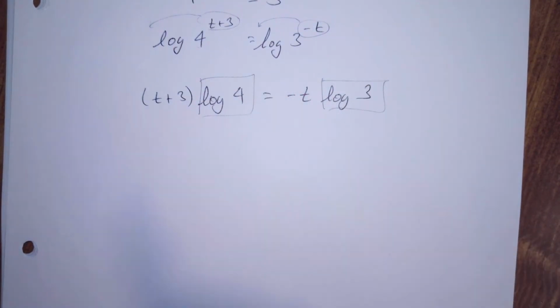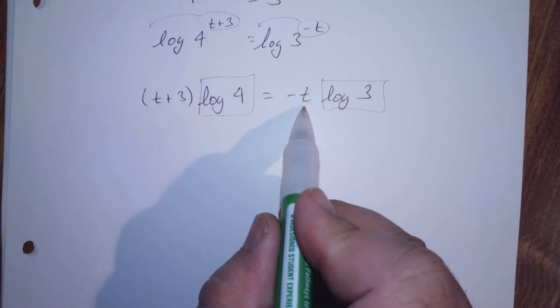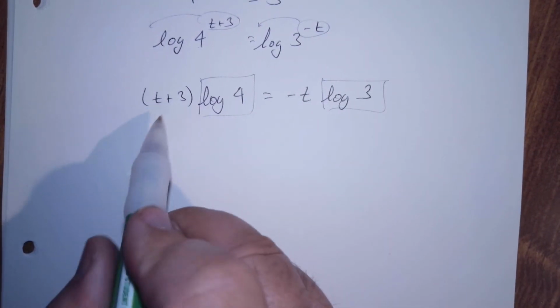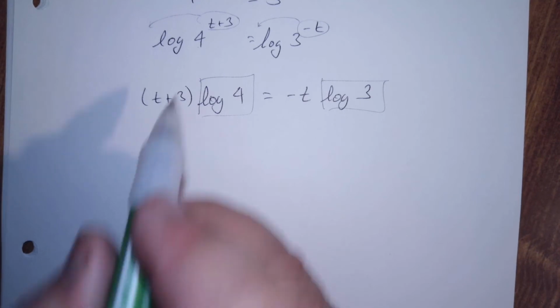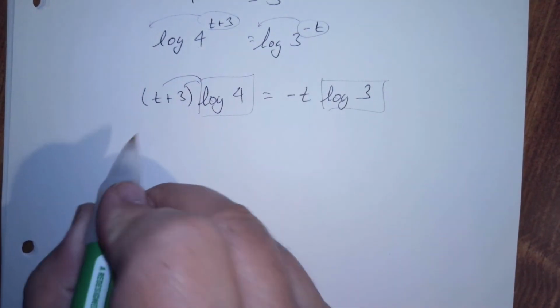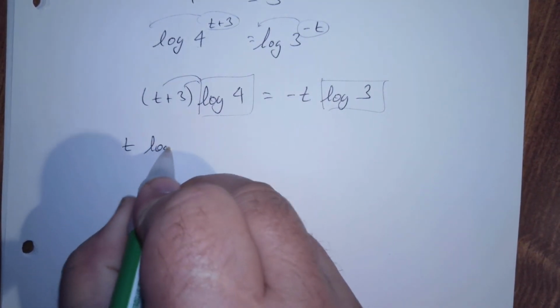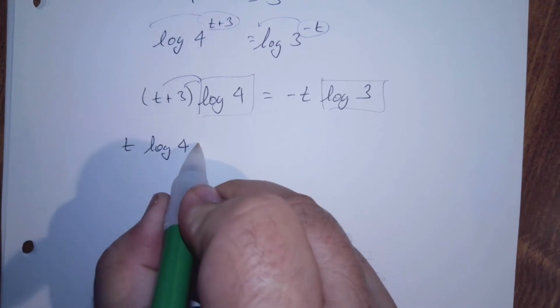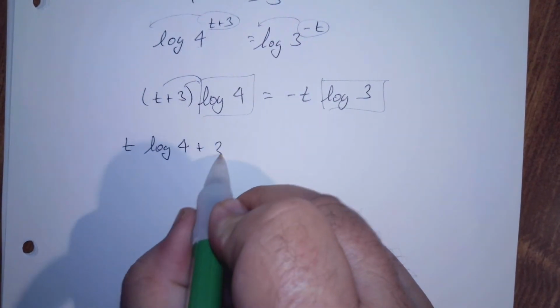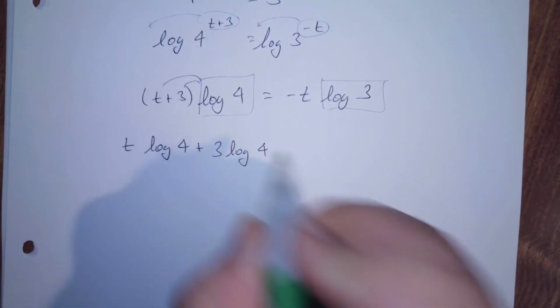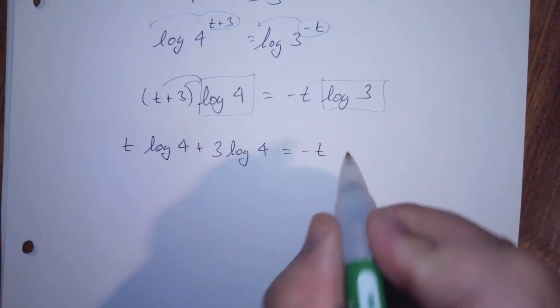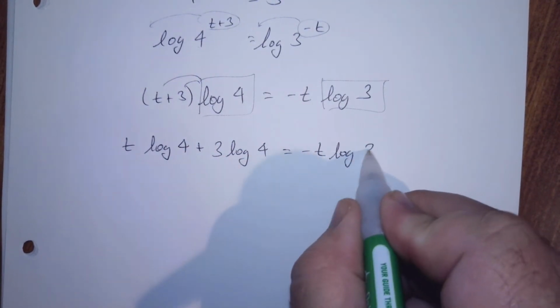Log base 10 of 3 actually exists, but we're solving for t. That t is by itself, but this t is inside parentheses, so we have to get rid of the parentheses. We distribute. So we have t log of 4 plus 3 log of 4 equals negative t log of 3.